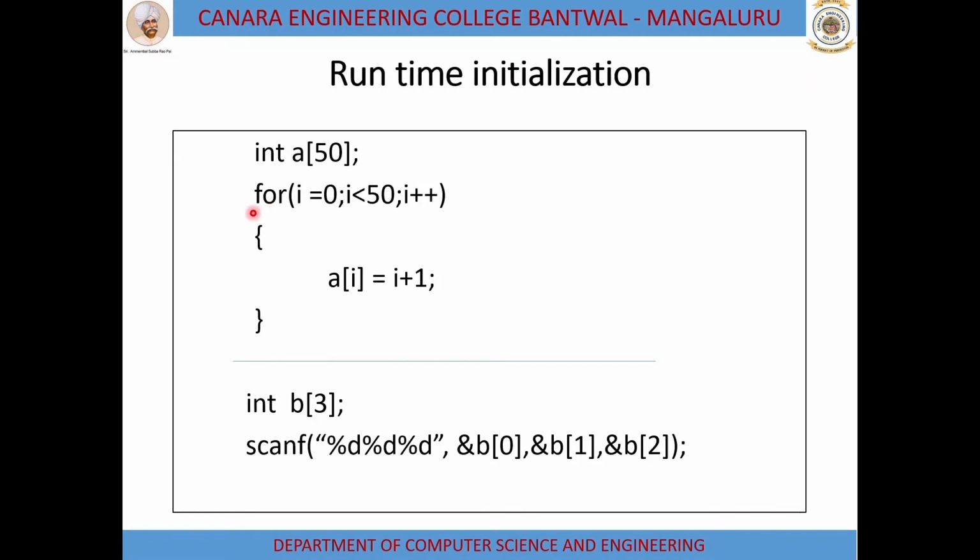Either I have to write the instruction to accept the elements one by one, that is up to 50 elements, or else I can make use of a looping construct, because accepting one element, the task is similar for all other elements.